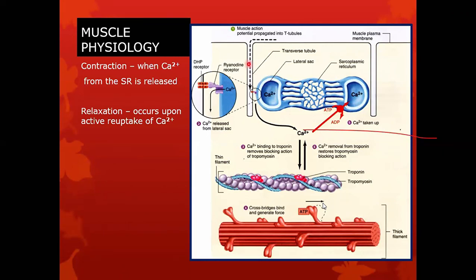Remember, your muscle has sarcoplasmic reticulum, and your muscle plasma membrane has T tubules that invaginate towards the interior of the muscle cell. The action potential will pass through the T tubules.